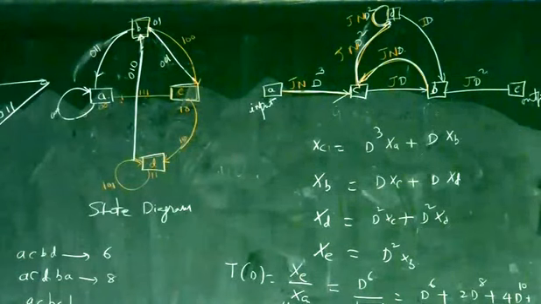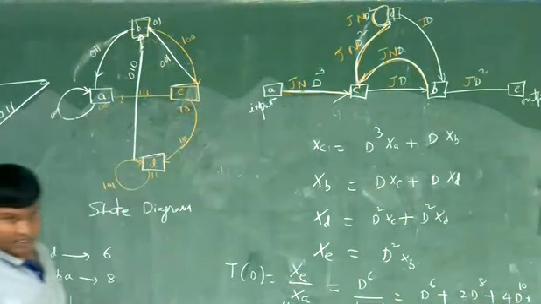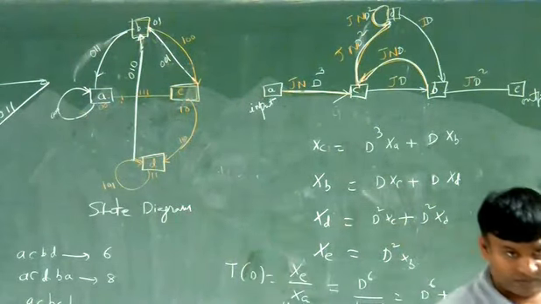Number of branches from here to here is 1, so it's obvious, right? So everywhere you put a J.